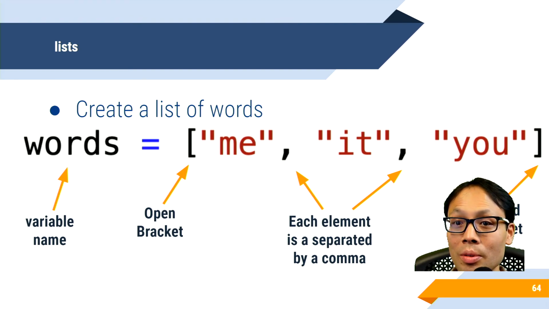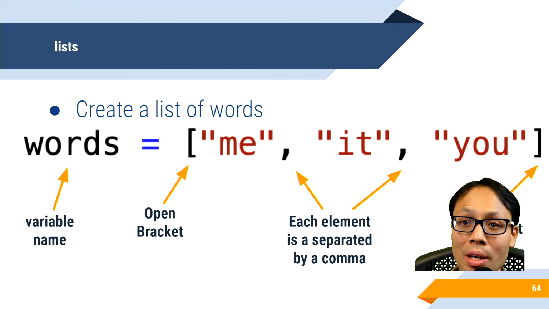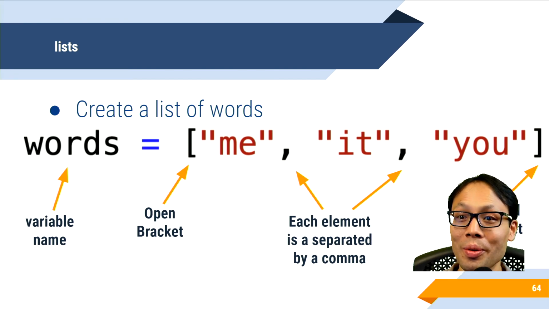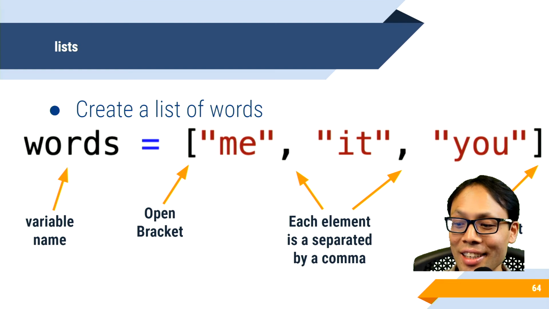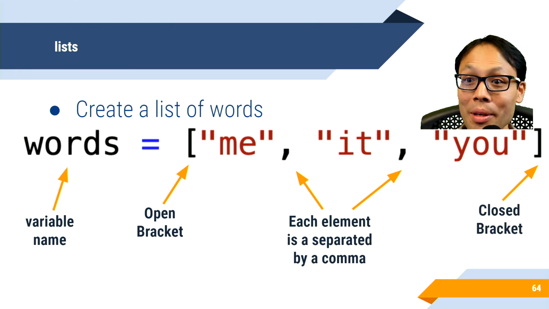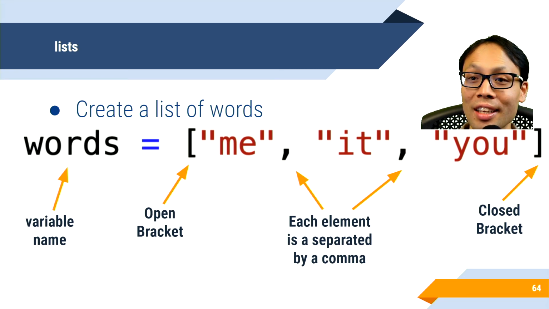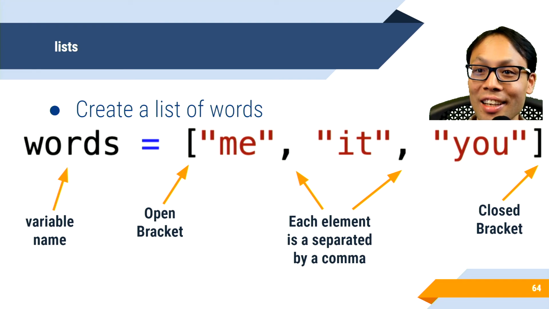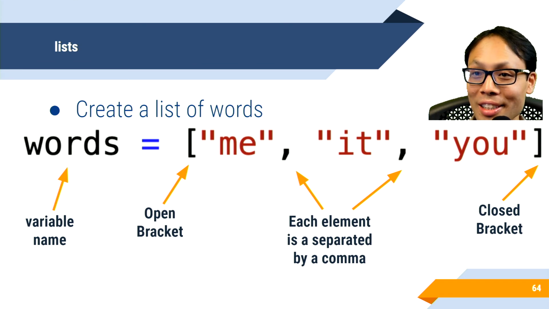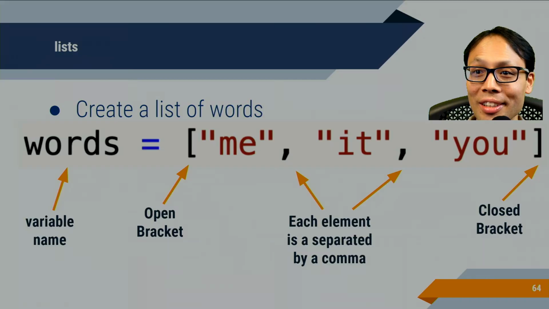So for example, words equal bracket, and here I just have some random words that I came up with: me, it, and you. Because they're strings, I have them in quotations, and you end your list with a closed bracket.